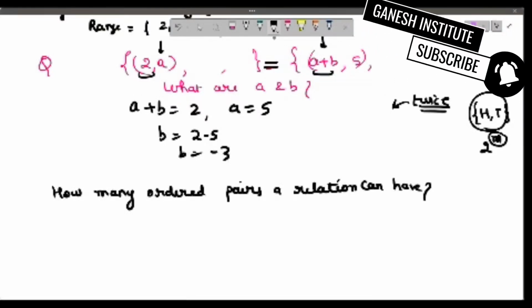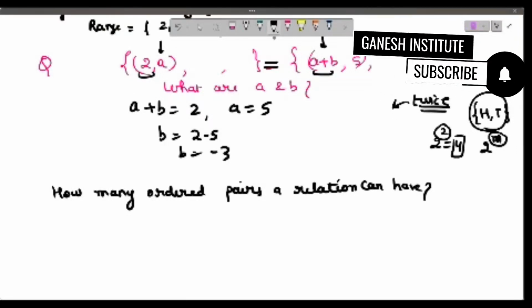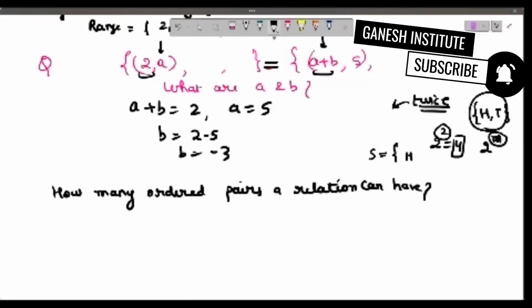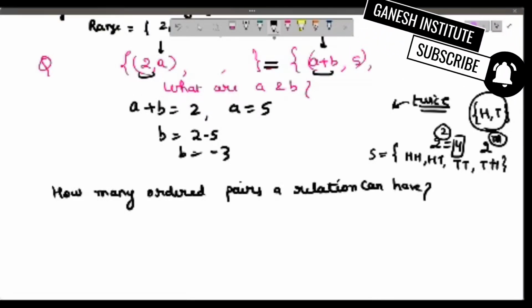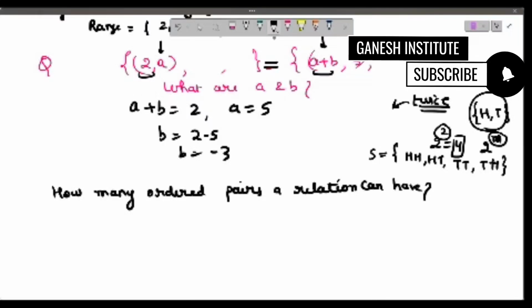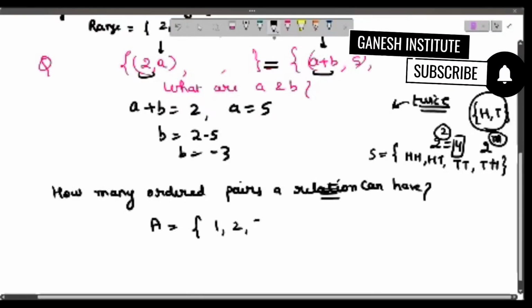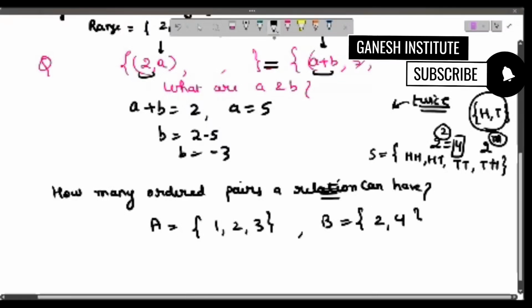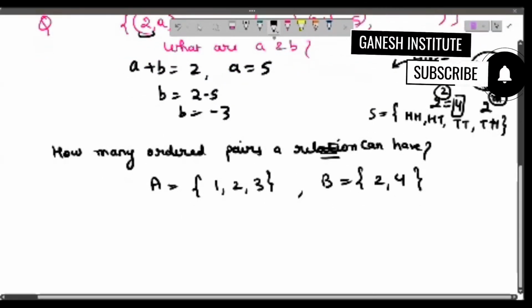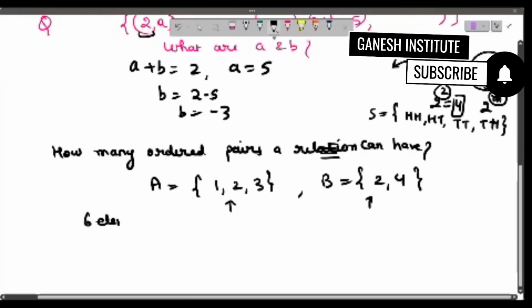Twice you are tossing it, so 2 to the 2, 4 outcomes: head-head, head-tail, tail-head, tail-tail, right? But when it is a relation, you see how many elements A has, how many elements B has, and then you simply multiply. So these are 3, these are 2, so 6 elements your relation will have.